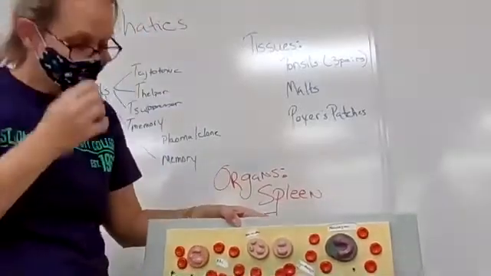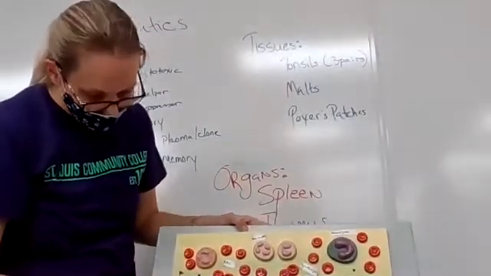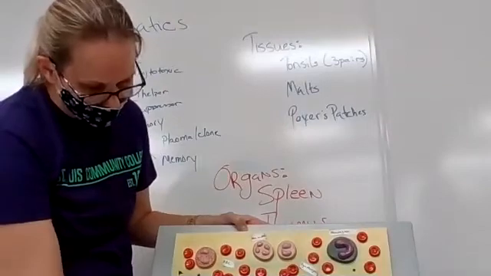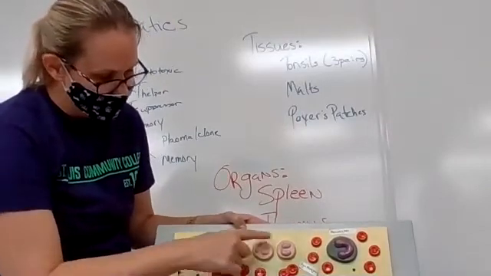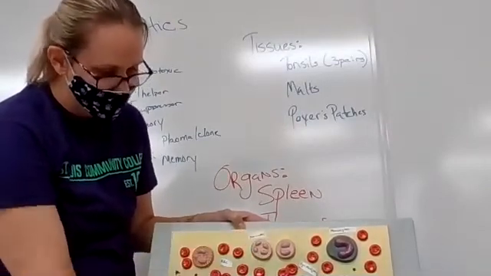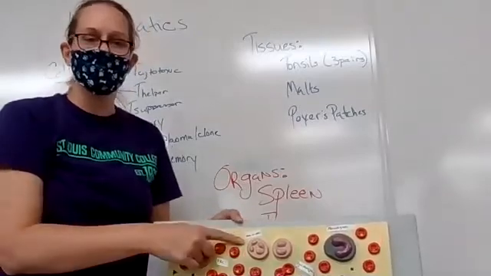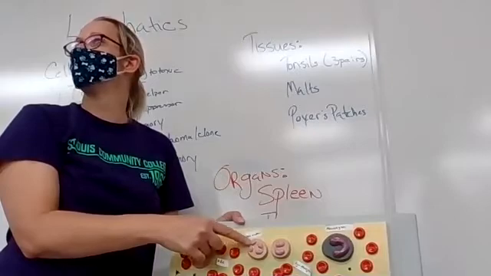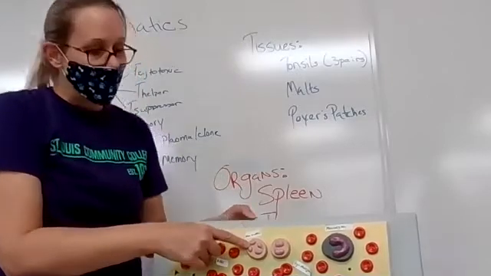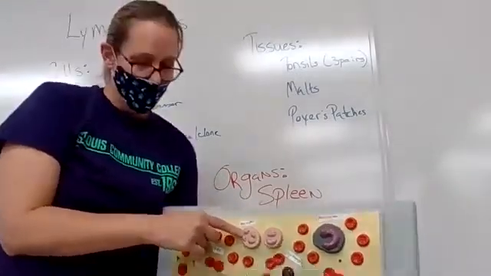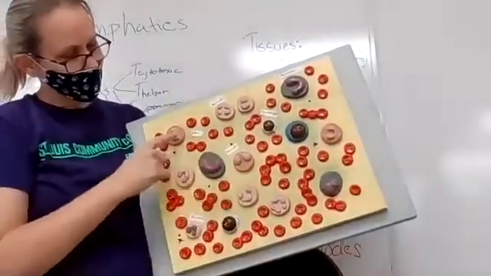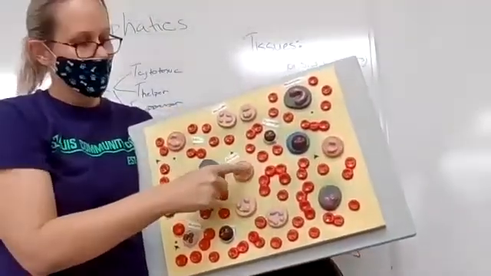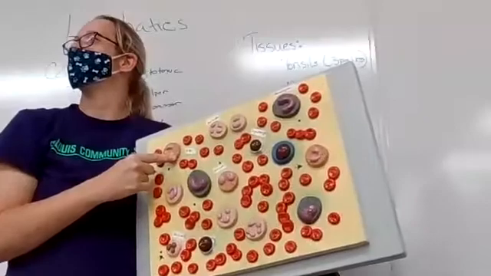Our next one is labeled number 4, and I'm trying to point to all of them. This is, like it says, the most numerous. This is your neutrophil, polymorphonuclear, granulocytes. And this one with the red is your eosinophil.